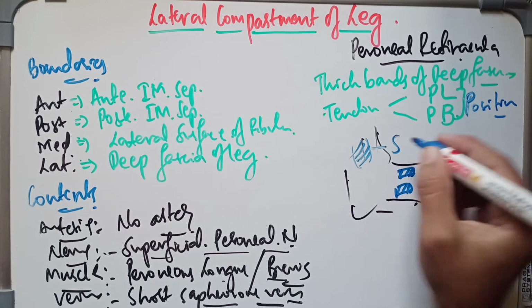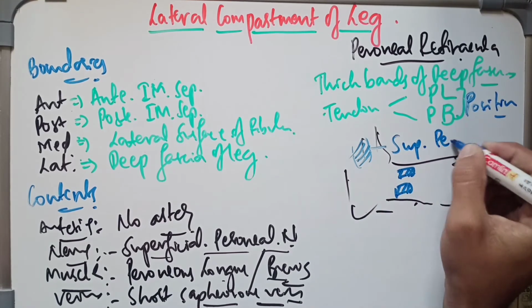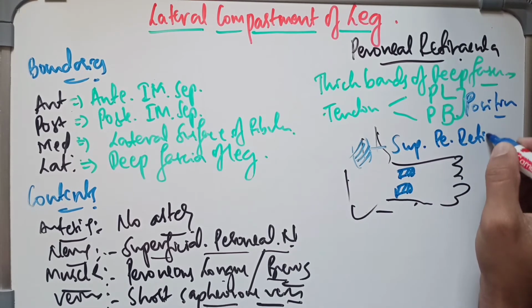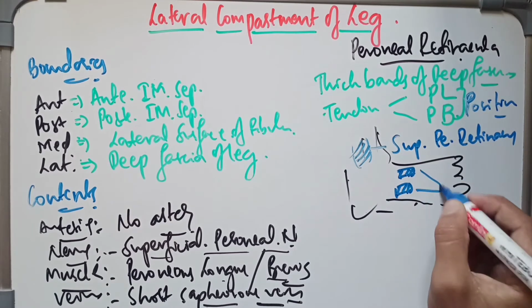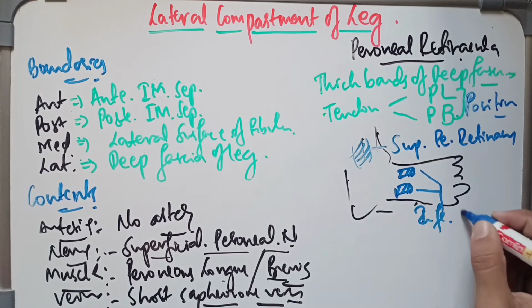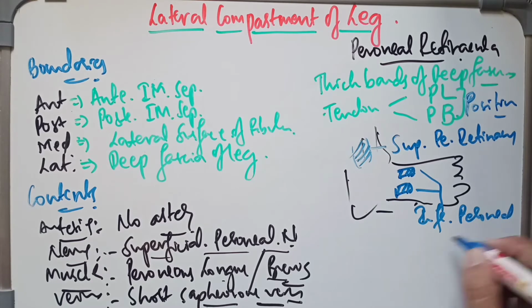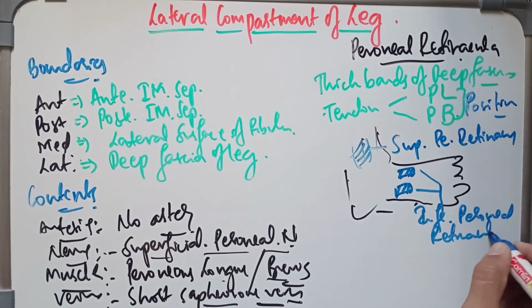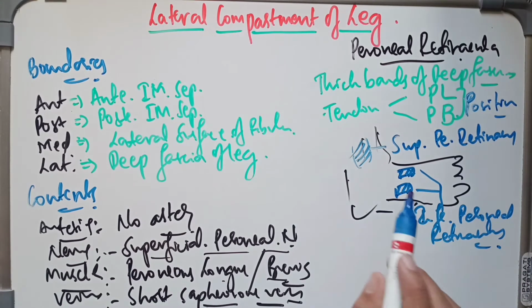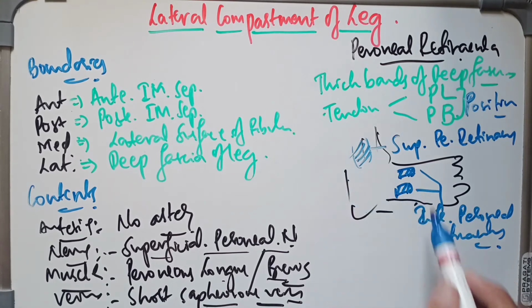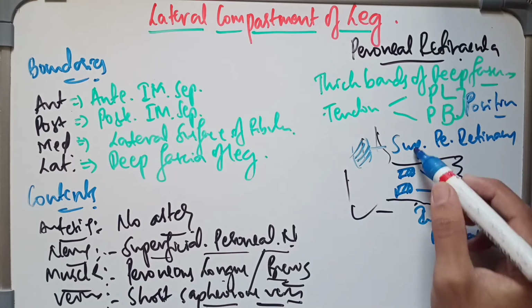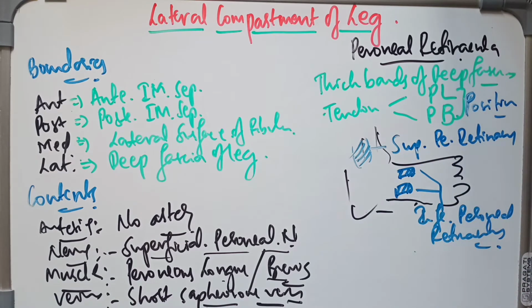So this is the superior peroneal retinaculum, and these are the inferior peroneal retinaculum. So we have two peroneal retinacula, superior and inferior. Now we are going to discuss the attachments and relations of both of these. So stick to the video till the end.